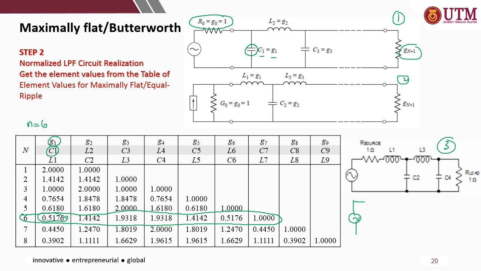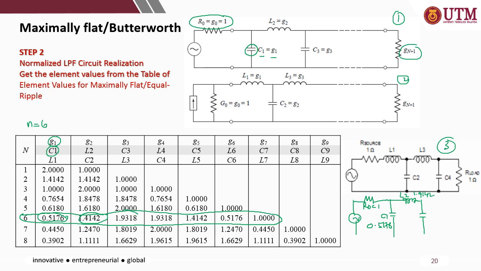This one is fixed, so R0 equal to 1. The first one is the capacitor C1, 0.5176, followed by the inductor, and again another capacitor. C1 here is followed by L2, so L2 will use the next value, 1.4142.